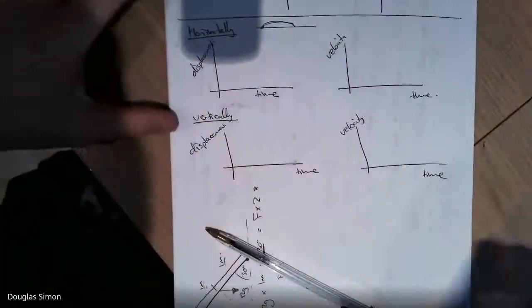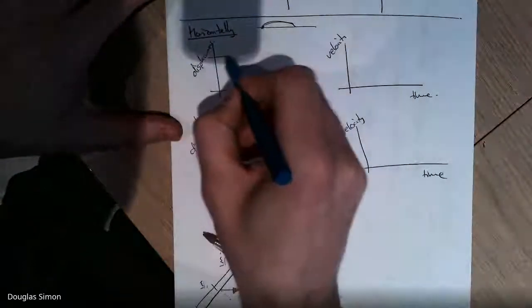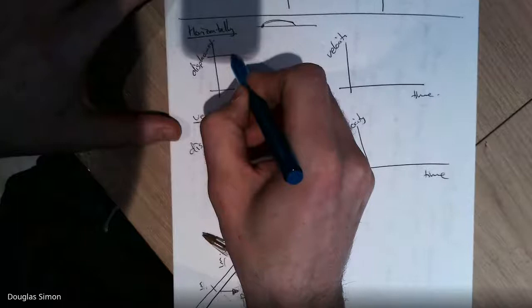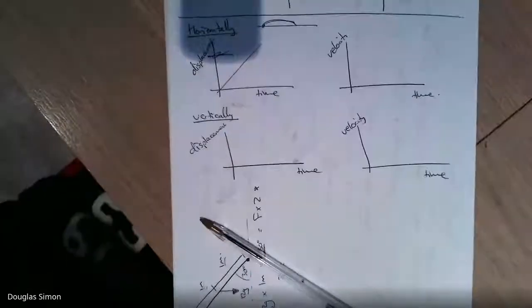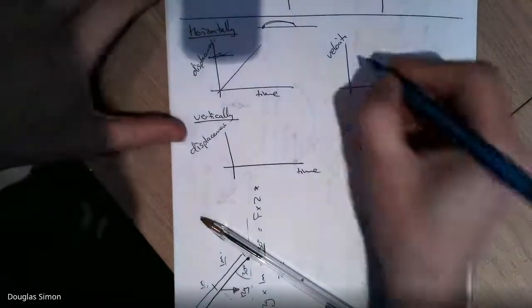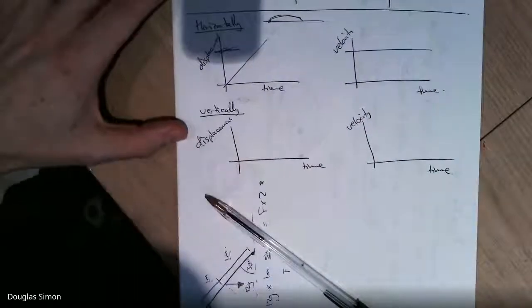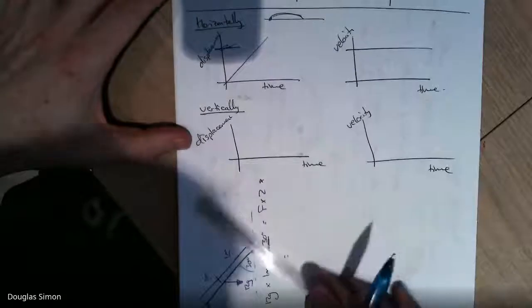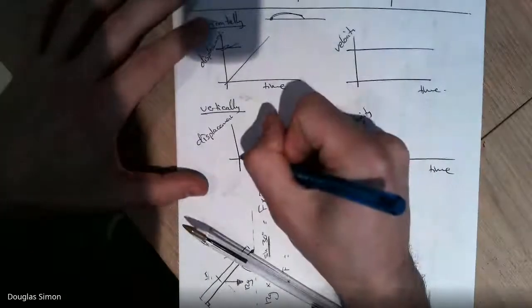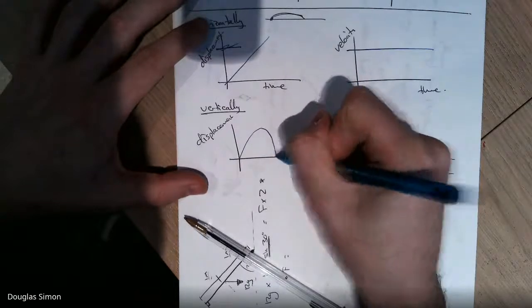All right, horizontally, as we said, it's a constant speed, so the displacement increases at a constant rate, and the velocity is constant, so it's going to be a horizontal line. Vertically, our displacement is going to increase, and then it's going to decrease and go back to 0.